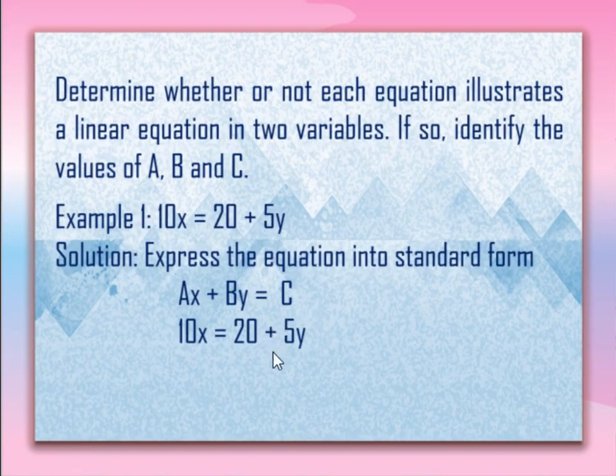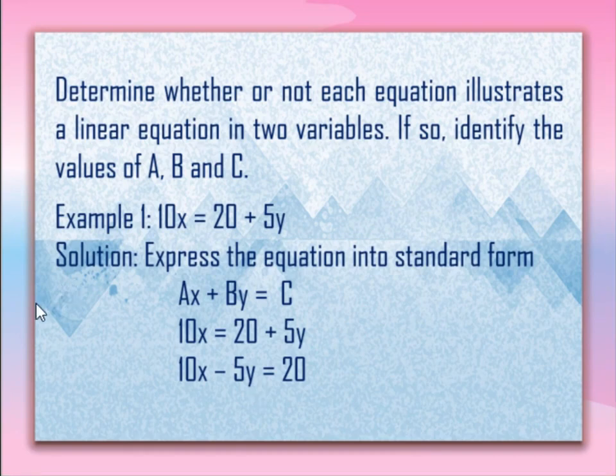Here, we need to use the addition property of equality, so positive 5y will become negative 5y when moved to the left side of the equal sign. Therefore, we will now have the equation 10x minus 5y is equal to 20. Here, the exponent of x is 1 and y also has an exponent of 1.